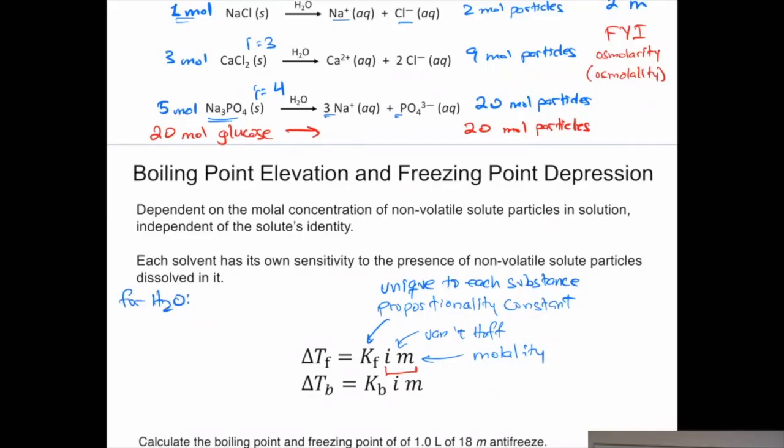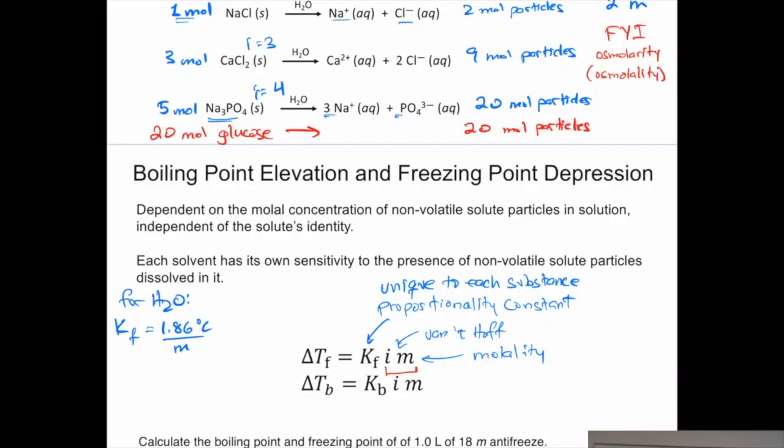For H2O, which is what we commonly use, but you'll see some others in the problems in the homework set, K sub F for water is 1.86 degrees Celsius per molal. The way we interpret this is for every molal of the solution, the temperature is going to change by 1.86 degrees Celsius.